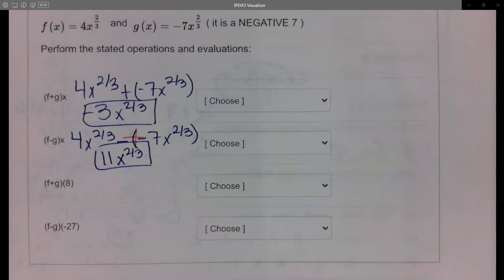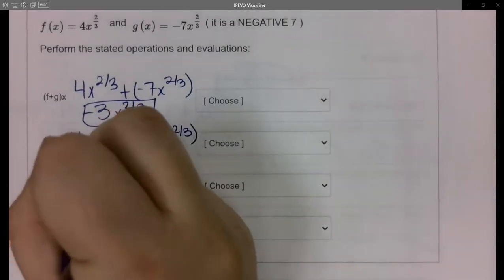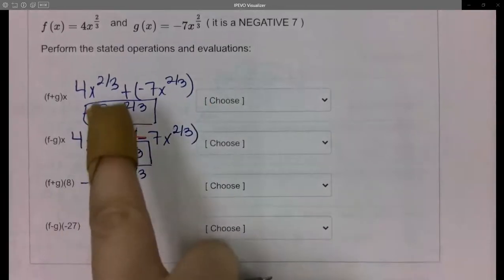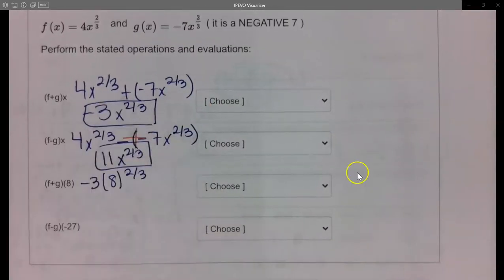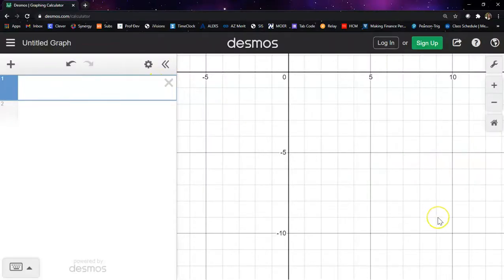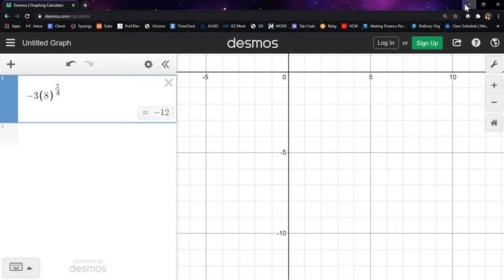Then the third part wants me to plug in 8. So I have negative 3 times 8 to the 2/3. I am plugging in 8 into my answer from the first part. Then I want to go to Desmos to type this in. Which gets me negative 12.